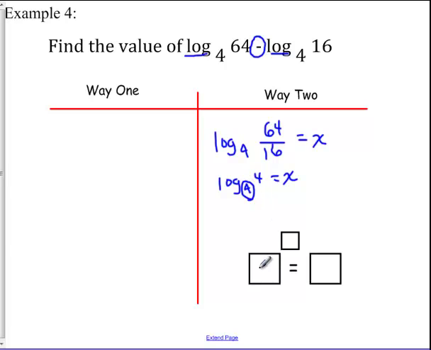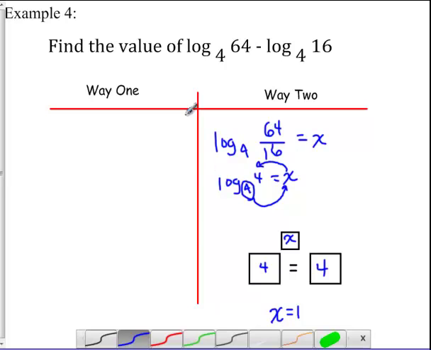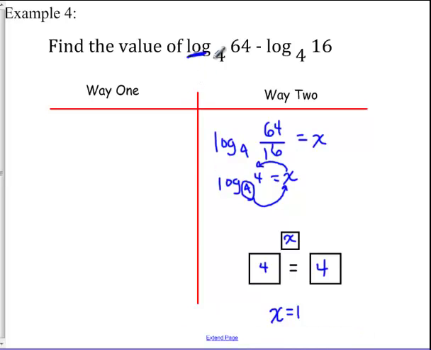My base is 4. My exponent is x. And my power is 4. So 4 to what power gets me 4? Oh, we like this one. x is 1. Let's see if we get the same answer on the other side. All right, I come over here, and this says, what is the exponent of 4 that gets me 64?